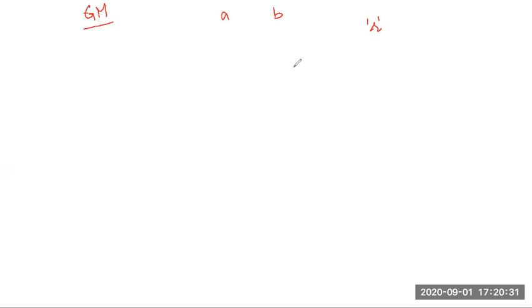So if the common ratio between them is r, now we can say that the first number is a, the second number will be a multiplied by r, and the third number is a r square. Am I right? Now let's say in this case first number is a and second number is b.